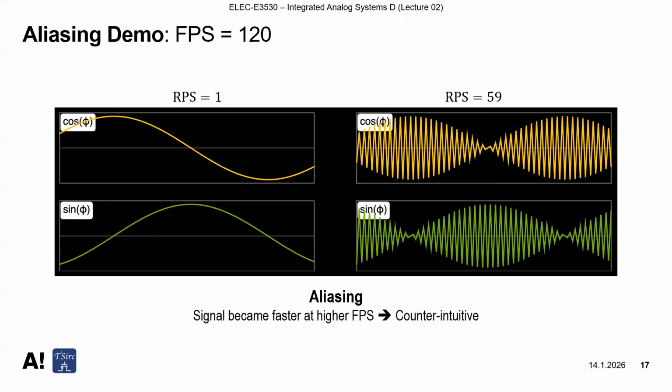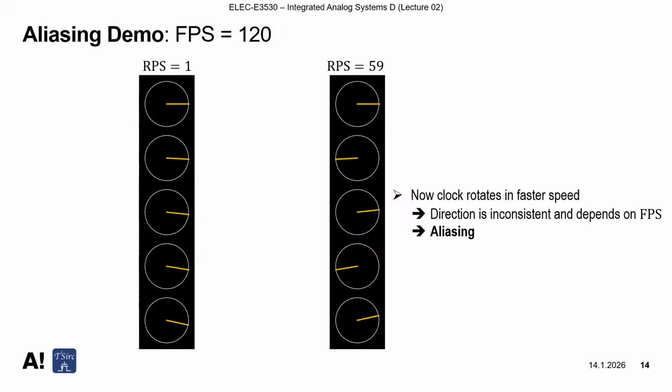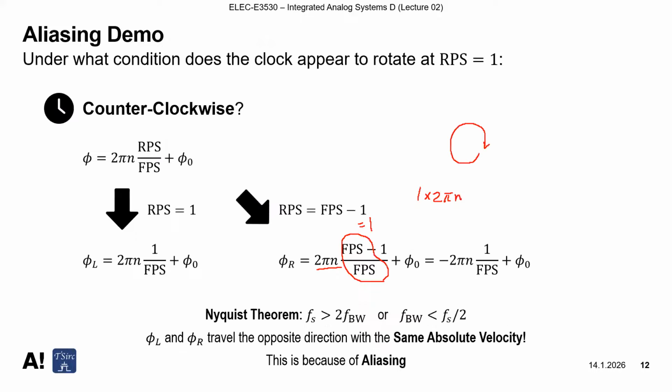But in our case, it became faster. And then slow envelopes are detected, which correspond to RPS equal to 1. This is because of the earlier equation that we derived; this term represents the envelope.